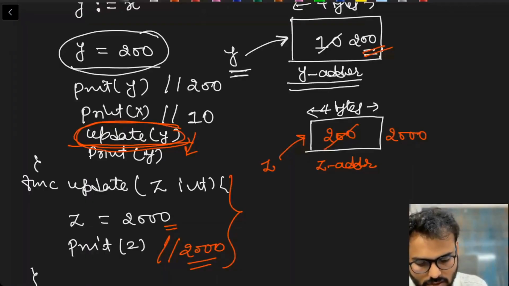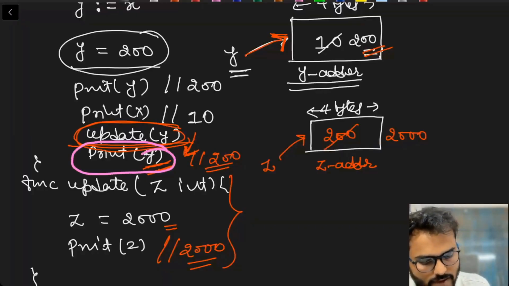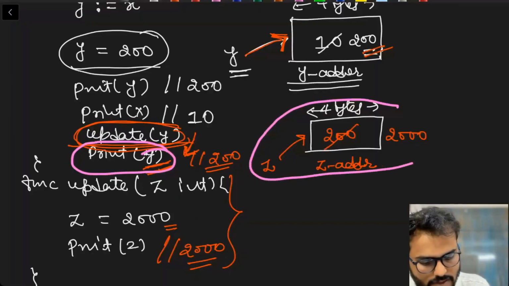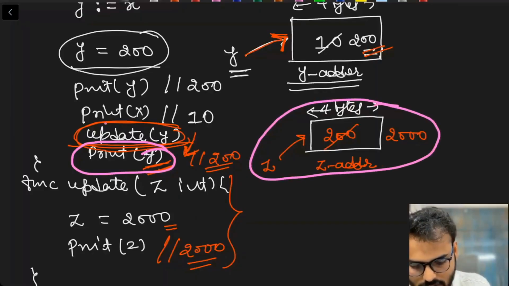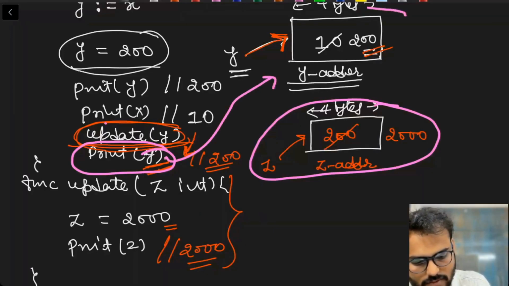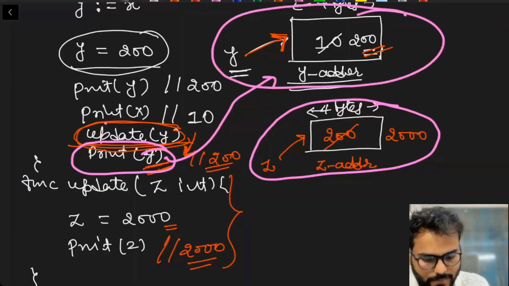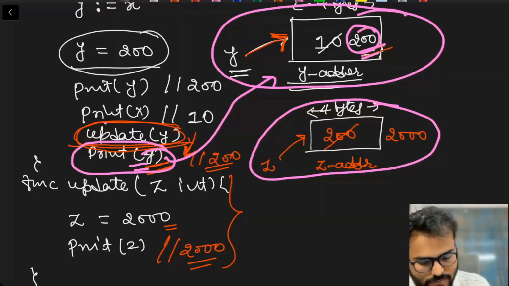But when the execution of this function completes and the control reaches back to this print statement, this y here will not reference the block of memory which was created while calling this update function. This will reference the block of memory which was created initially for this y. So when we do print y here, it will print the value inside this memory, which was 200.